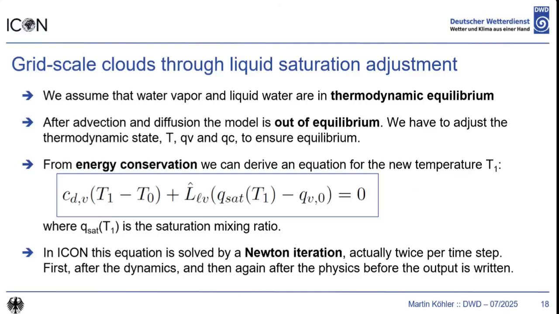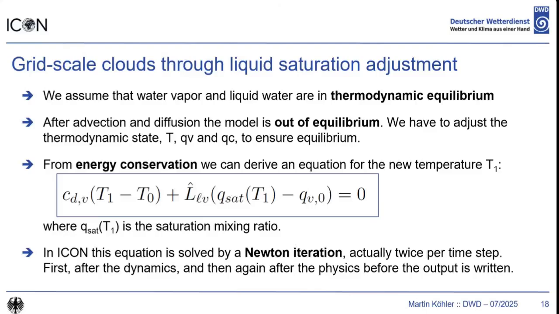Now, one of the simplest parts of the microphysics is the saturation adjustment, which you want to do all the time. The saturation adjustment does the most simple part. It switches between liquid cloud droplets and water vapor.